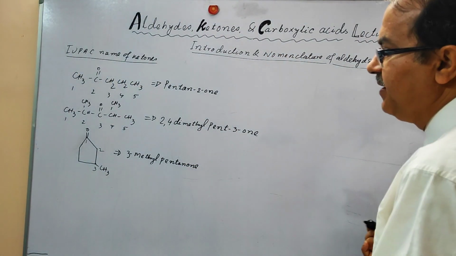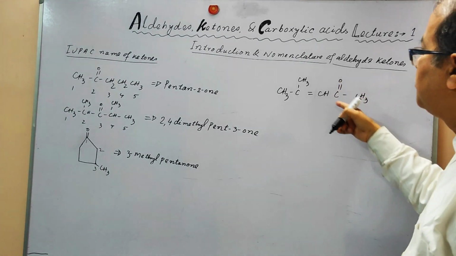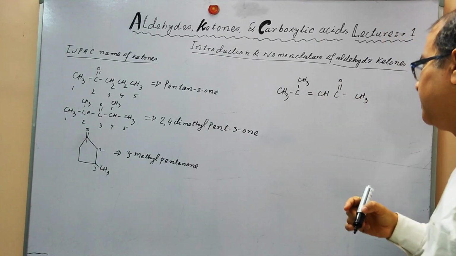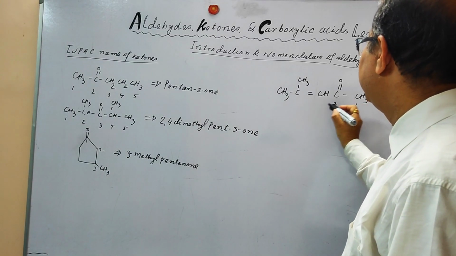Suppose there is a double bond, the keto group is there, and also there is a double bond. At that time, how do we name it? First we have to number this carbon atom.